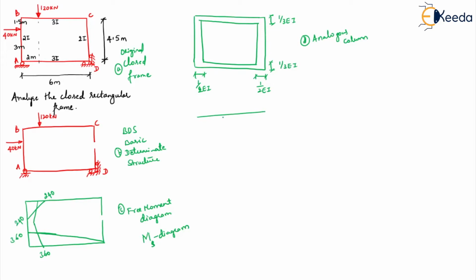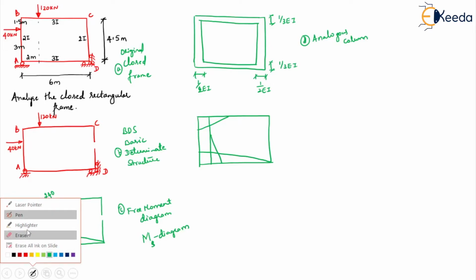In that case, how will your figure look? Divide it and see the values. You will get something like this, like this, like this, and here you will get something like this.